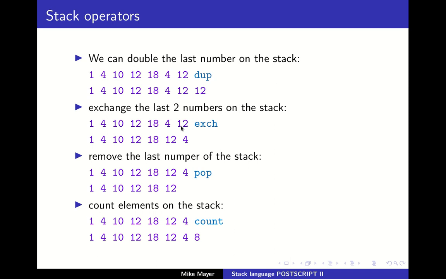So maybe we have here 4, 12, then if we exchange it, before the last item was the 12 and the one before that was the 4, and after exchange the last item will be the 4 and the one before will be 12. Also there's a pop instruction, which basically makes the last item vanish from the stack. And we also have the count instruction. We can count the items that are currently on the stack. So here there would be 8 items on the stack, and as a result of this count operation we will have an 8 on the top of the stack because there are 8 items.